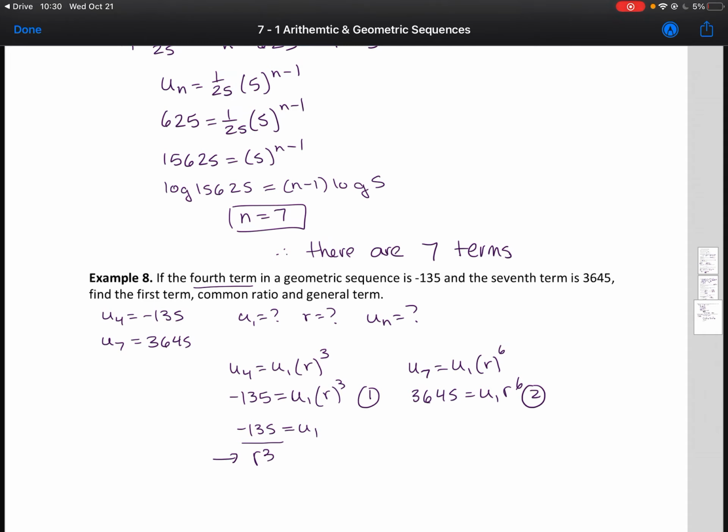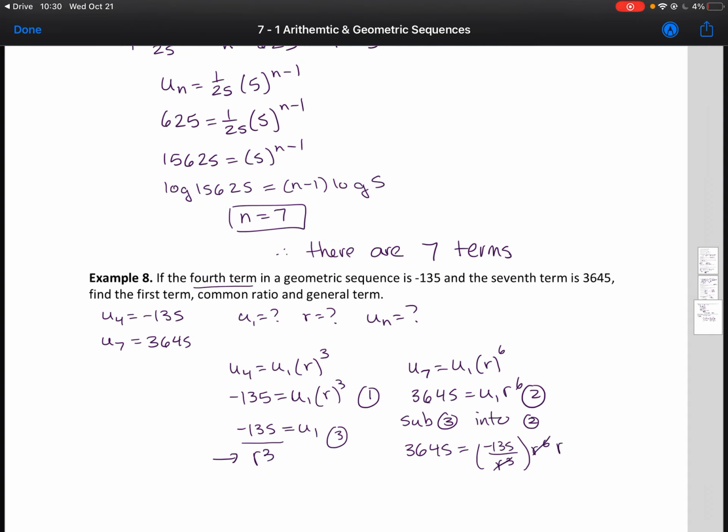Otherwise, we wouldn't have a geometric sequence. Okay. So now we've got a third equation here. And what we can do is we can sub that third equation into my second. So I've got 3,645 is minus 135 over r cubed times r to the 6.